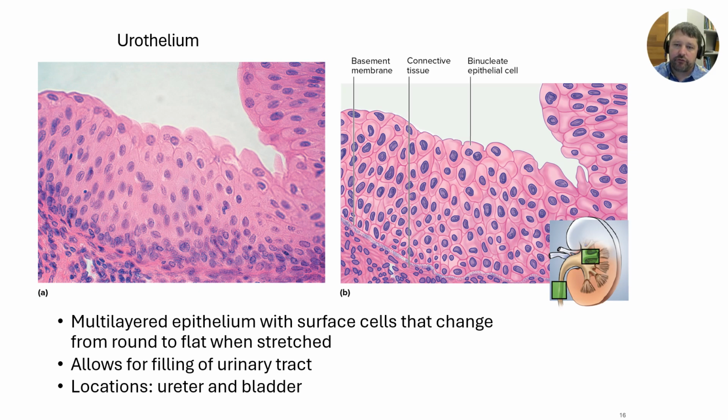Otherwise, you just won't be able to get nutrients out to that outermost surface of cells. So they can only be so thick, and that really limits how thick that epithelium, or layer, can be, from the apical side to the basement membrane.